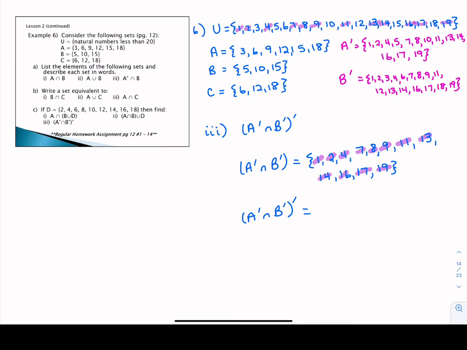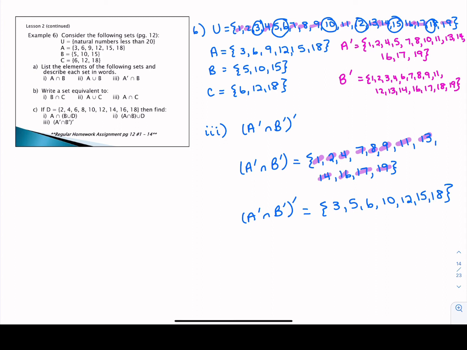So all I have left in my complement is 3, 5 and 6, 10, 12, 15, and 18. So this is going to be the list of elements. So 3, 5, 6, 10, 12, 15, and 18.